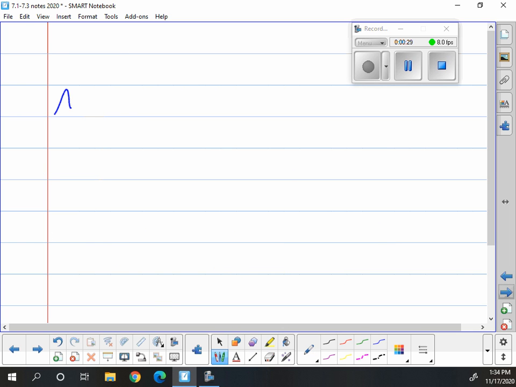Okay, when you're doing matrix multiplication, when you have one matrix times another matrix, I'm going to use capital letters to represent the matrices. This one has a certain number of rows and a certain number of columns, and that can be any two numbers.